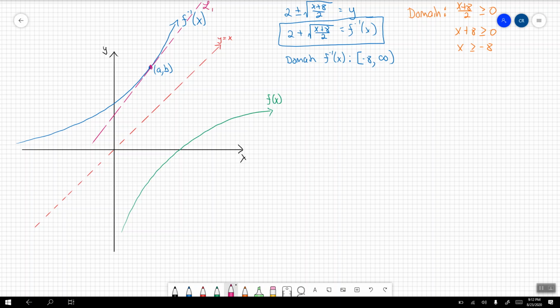L1 is tangent to the inverse function of x at the point (a, b). In this particular case, we can find the slope of this line, and the slope of this line is going to give us the slope, or in other words, the rate of change for this inverse function at point (a, b).